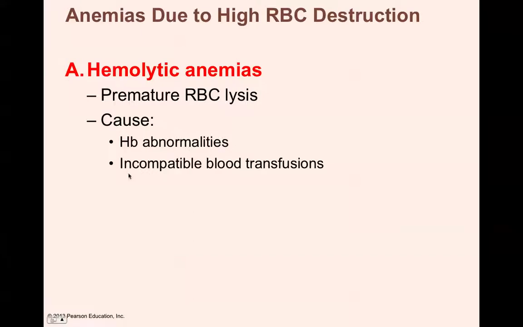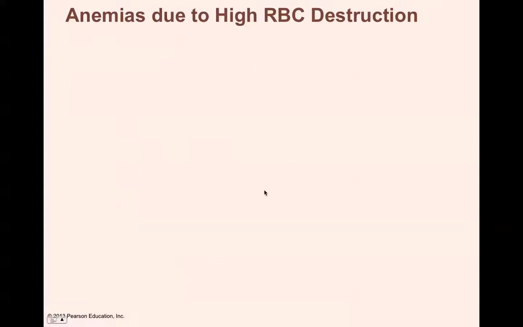Another cause would be an incompatible blood transfusion. This would be very obvious right away. If there's an incompatible blood transfusion, it will begin to lyse or destroy the red blood cells. So you obviously know as you're giving a blood transfusion, if there's an issue with that, you stop the blood transfusion. Also, certain infections can cause this.